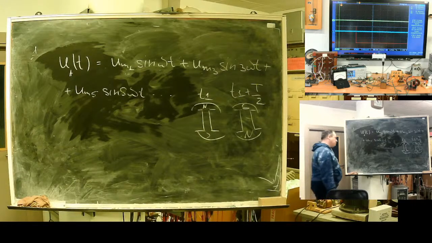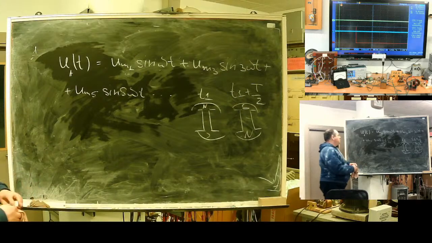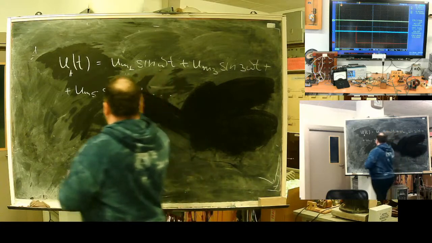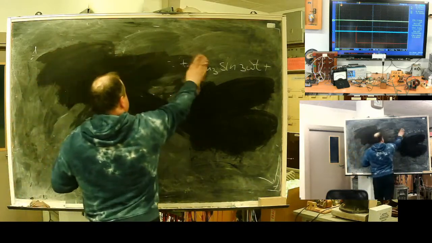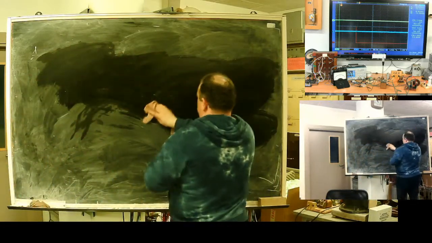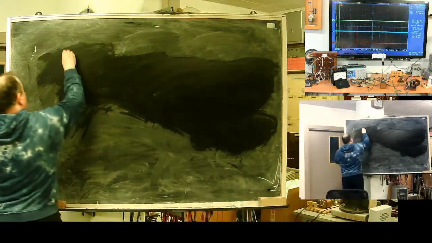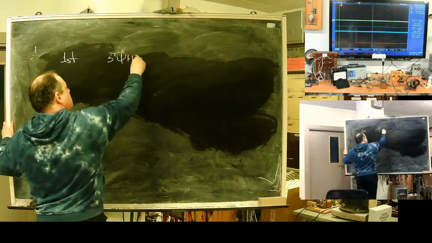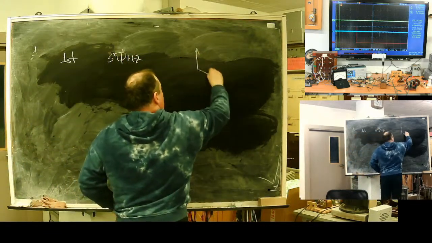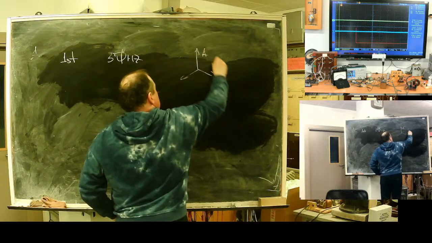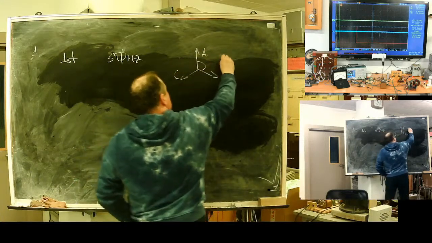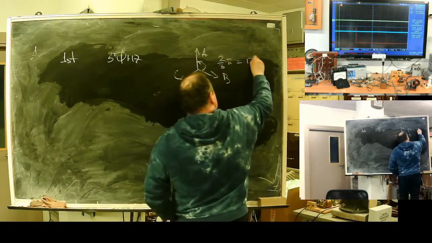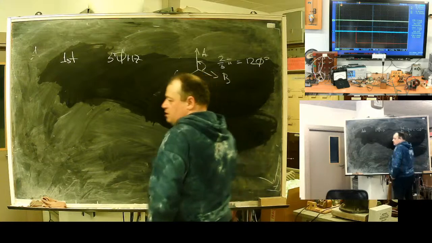Check it, it's simple trigonometry. So we have a series like this. For the first harmonic of 50 Hertz, we will have a voltage distribution like this: A, B, C, with angle between them 2/3 of pi, or equal to 120 degrees.